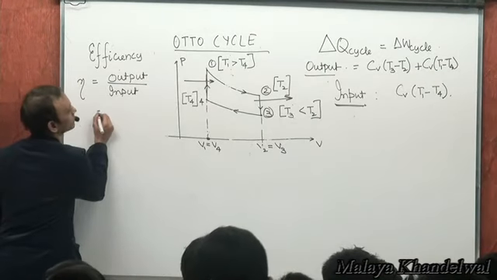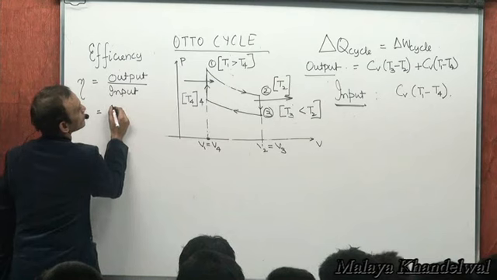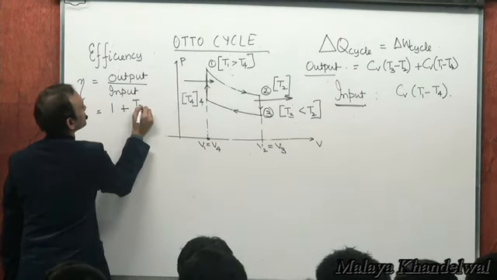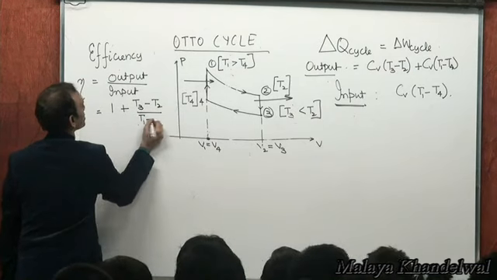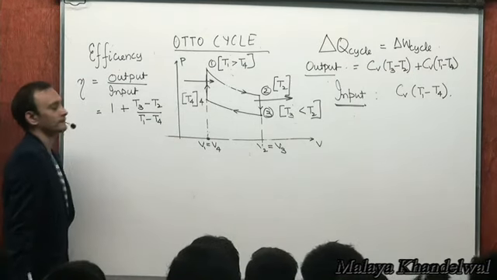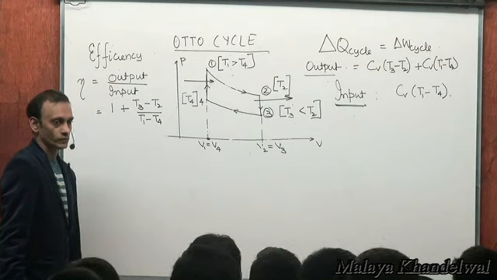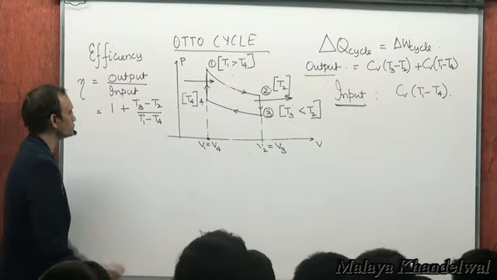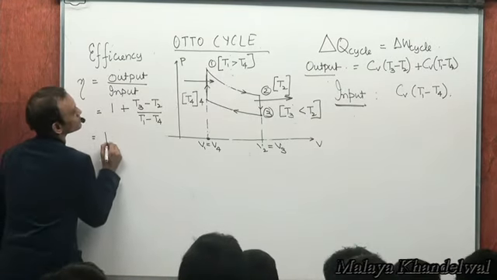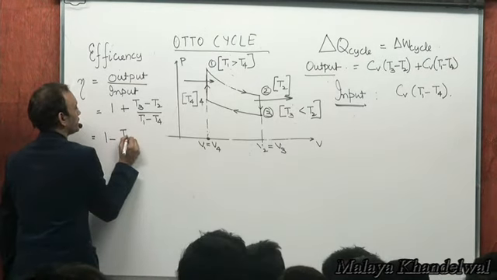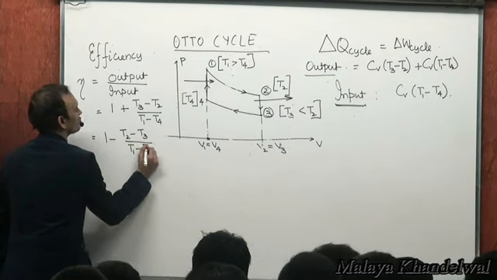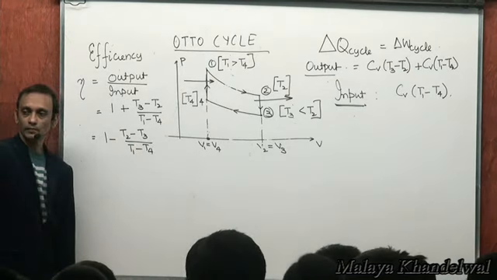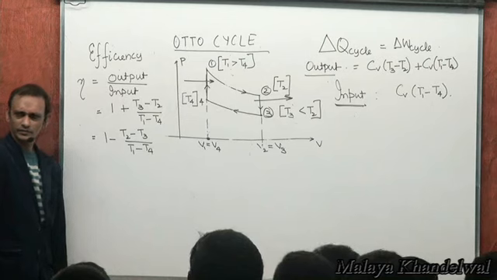right, which is 1 plus T3 minus T2 divided by T1 minus T4. Yes or no? This could have been written as 1 minus T2 minus T3 divided by T1 minus T4, right?